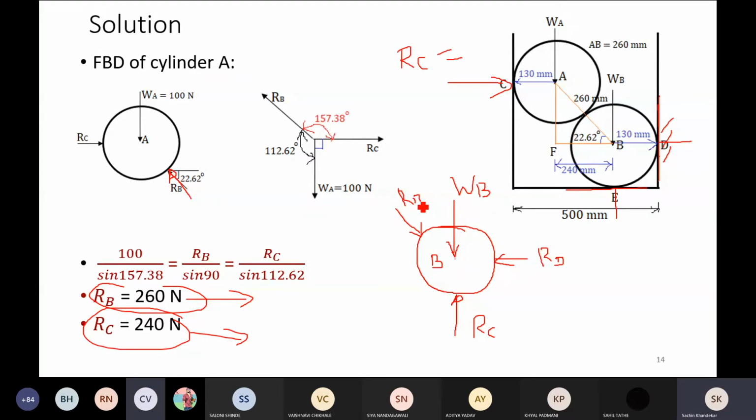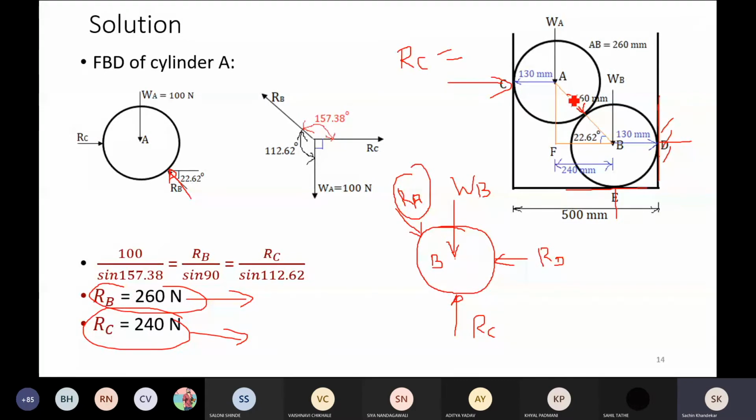So can anybody answer what is the relationship between the reaction offered by A on B and B on A? RB is equal to minus of RA. Correct, they are equal and opposite, and this is as per Newton's third law of motion. To every action there is equal and opposite reaction.